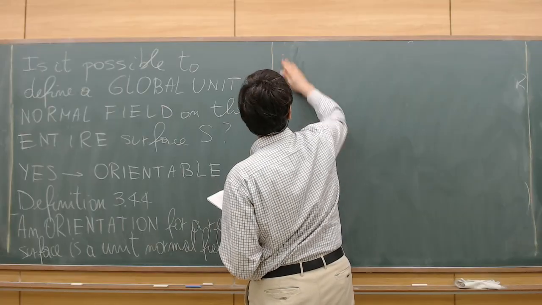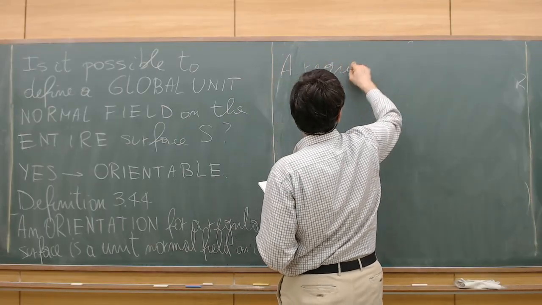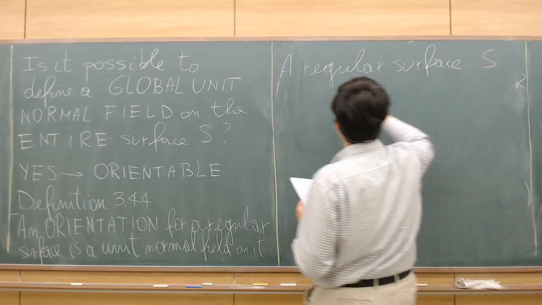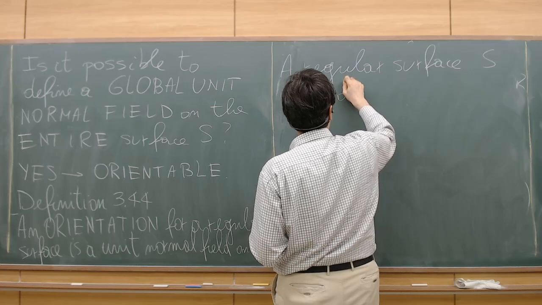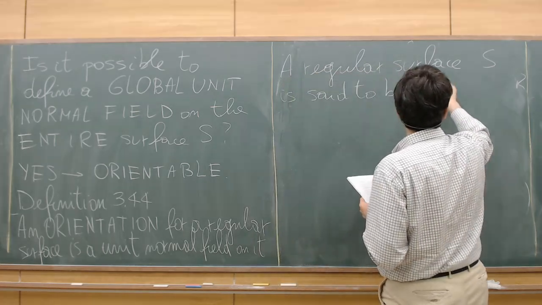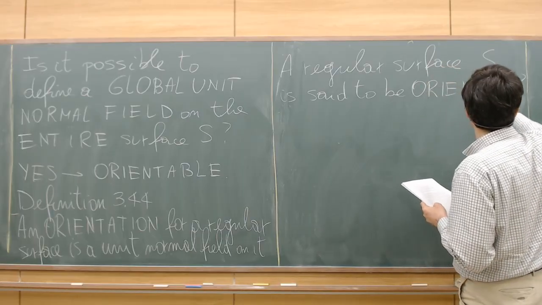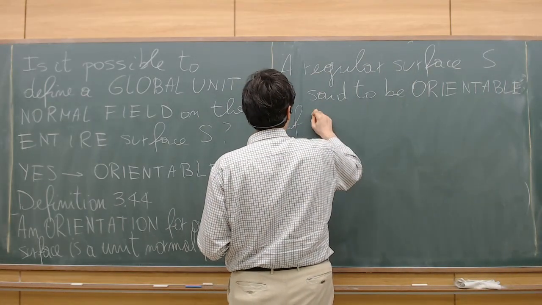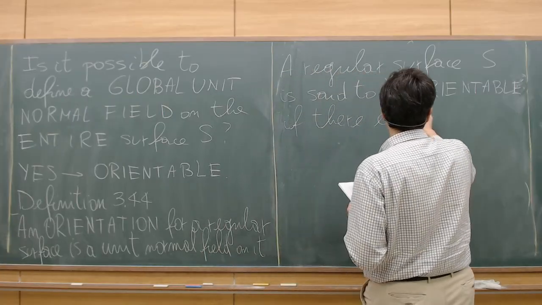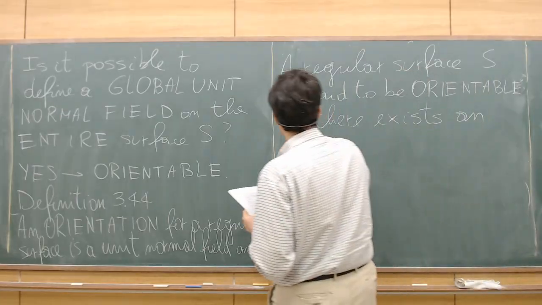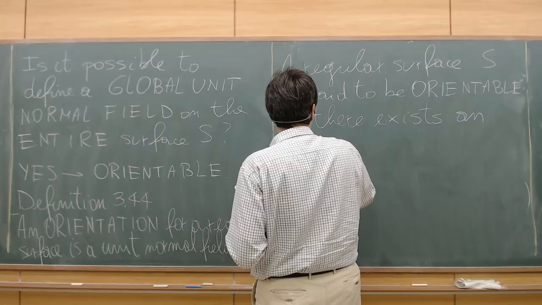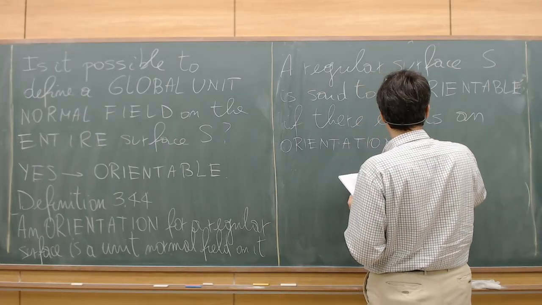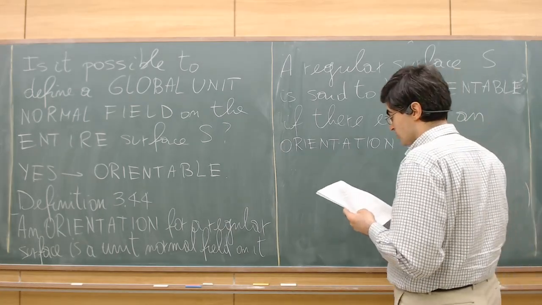A regular surface S is said to be orientable if there exists an orientation for S. It's not finished.